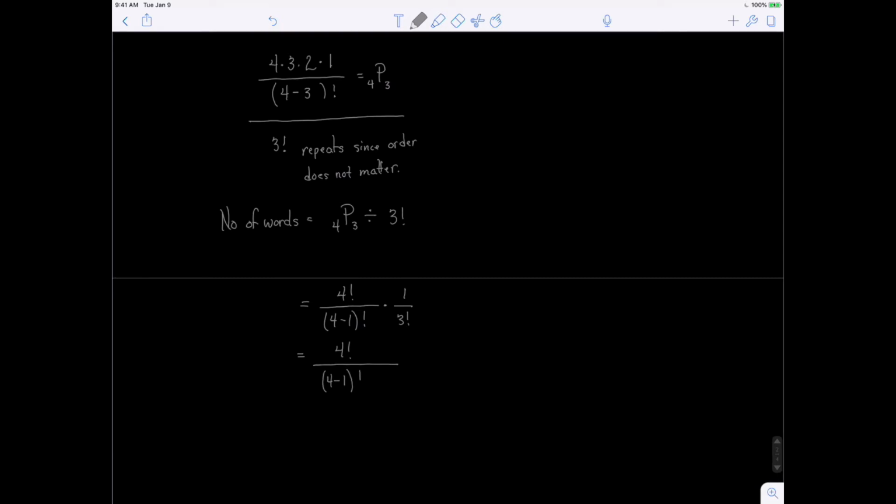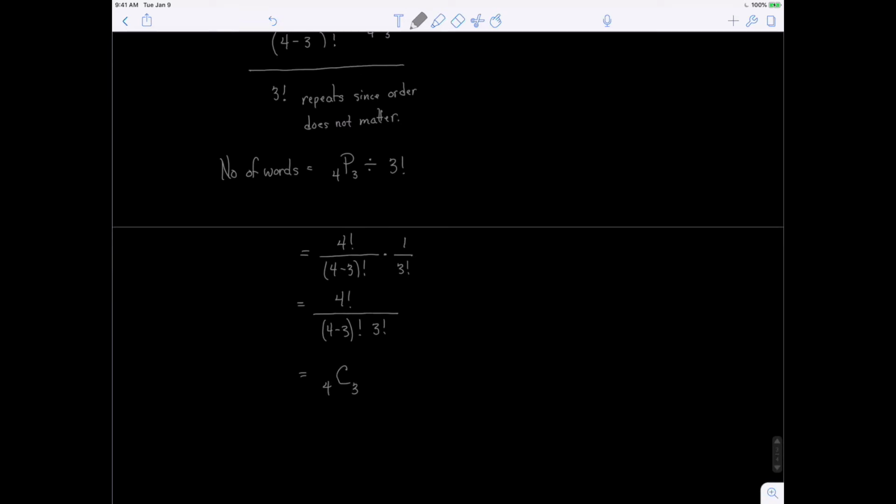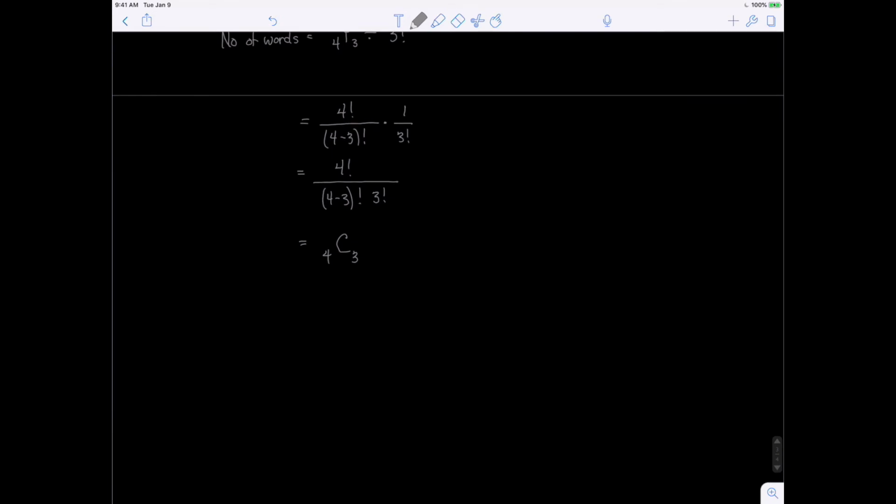Oops, I'm sorry, not 1. This should be a 3. Oh, goodness. 4 minus 3, 3 factorial. And we call this 4 choose 3. This is read 4 choose groups of size 3.